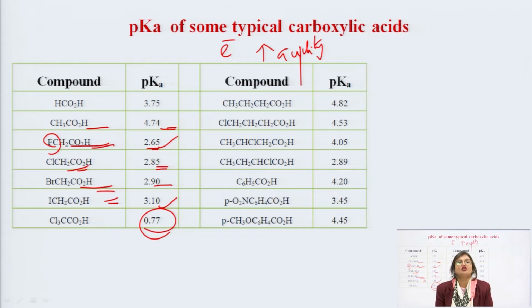The stronger the electronegativity of the attached atom, or the more the electron withdrawing effect of the attached atom, the lesser is the pKa value, hence greater is the acidity. Similarly, here we have a few propanoic acids and butanoic acids and their derivatives wherein the pKa value can be observed.